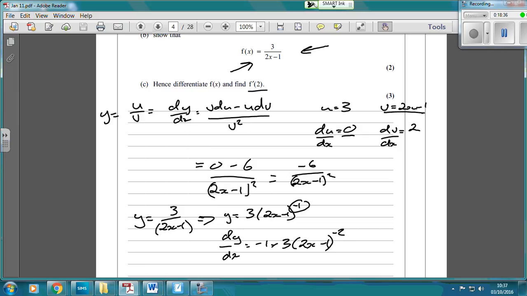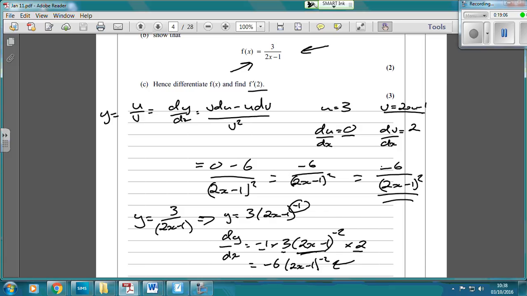Then you've got to differentiate what's inside the brackets. That goes to 2, so you multiply everything by 2. Minus 1 times 3 times 2 is minus 6, bracket 2x minus 1 to the power of minus 2, which if you bring to the bottom gets you minus 6 over 2x minus 1 to the power of 2. So we're pretty confident that's the correct answer.